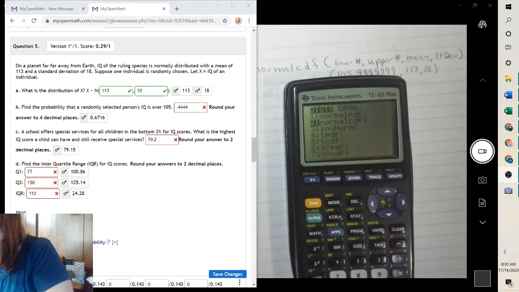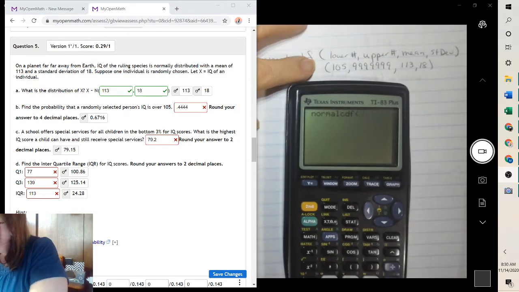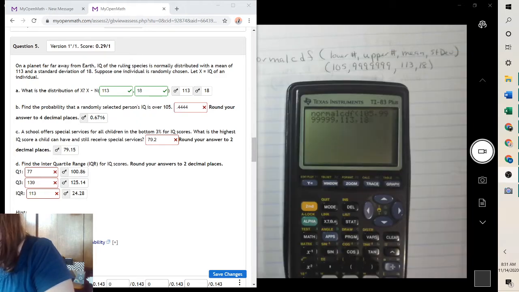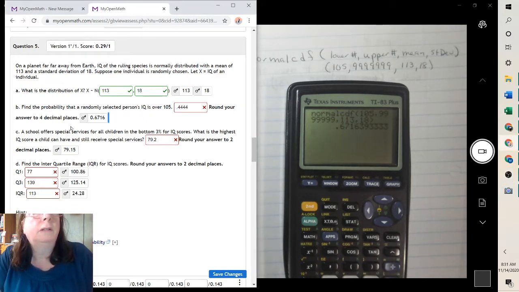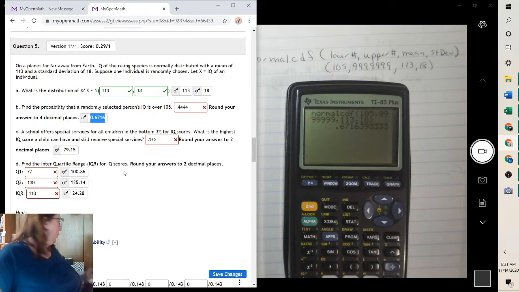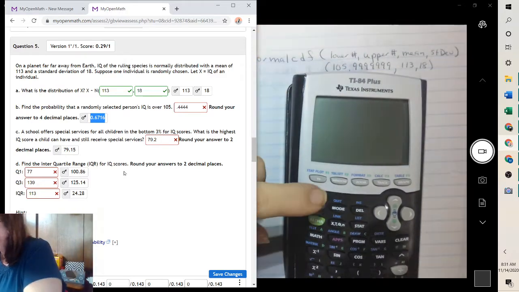So if we go into norm, we put 105. And if you use the calculator online that I gave the link to for the free 90-day trial, I'll show you what it looks like. And there's your percent, 67. The other calculator online is nice because you don't have to remember the order.